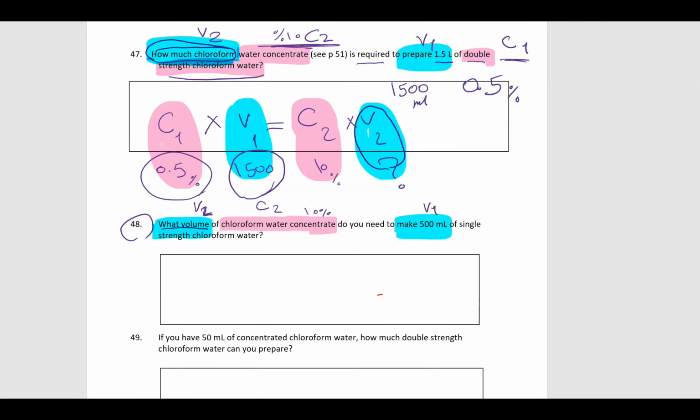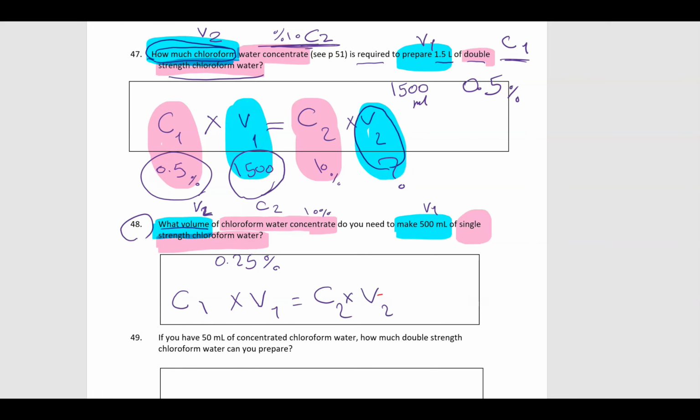That's V1 with the concentration of single strength, which is 0.25%. So C1 times V1 equals C2 times V2.